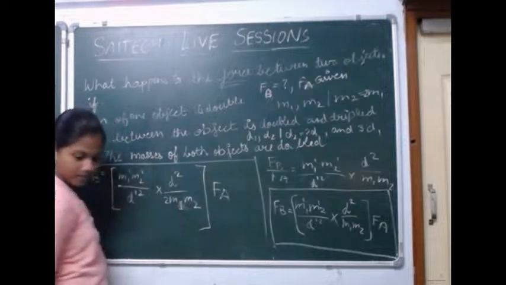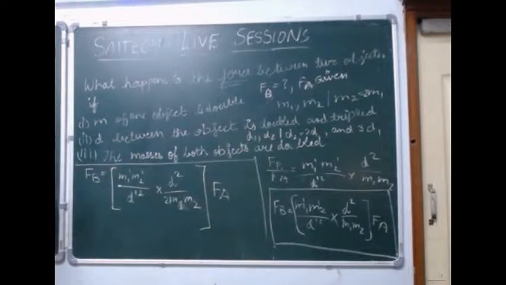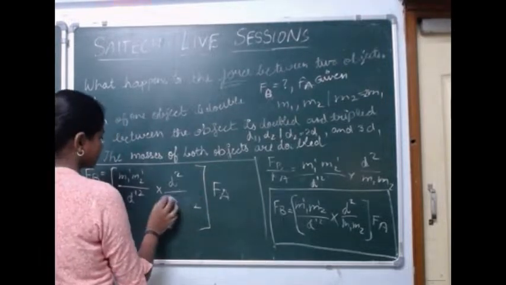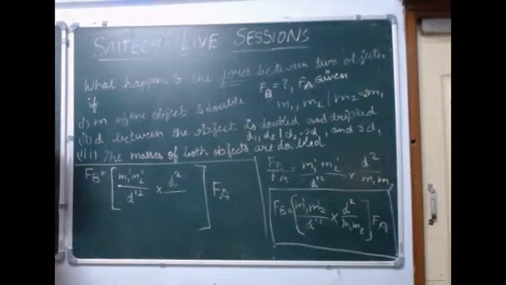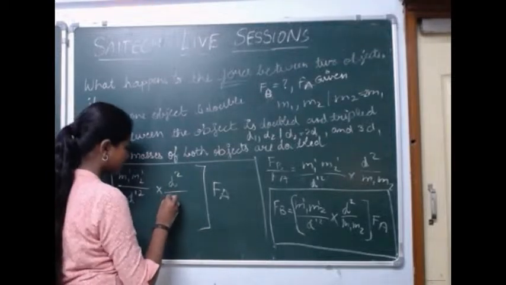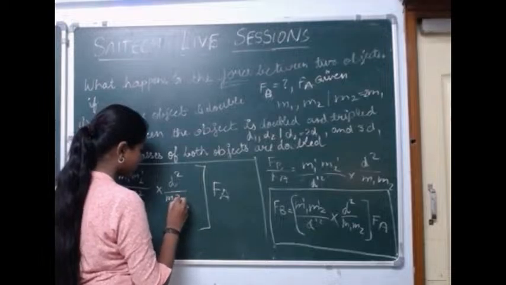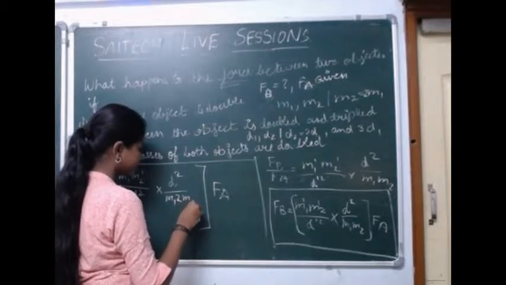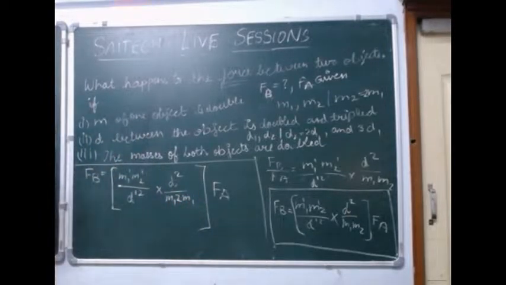In the first case, one of the masses, what they have given here, what happens to the force between them? The mass of one object is doubled here. You can maintain the same M1. M1 dash is equal to M1 only. So M2 dash becomes 2M1. Do you understand? Are you able to follow?